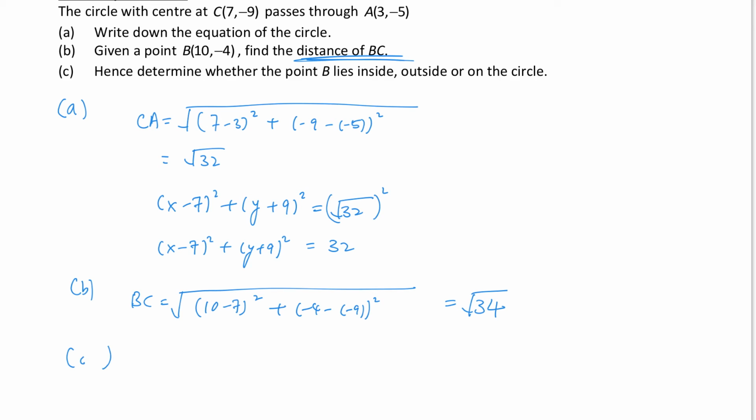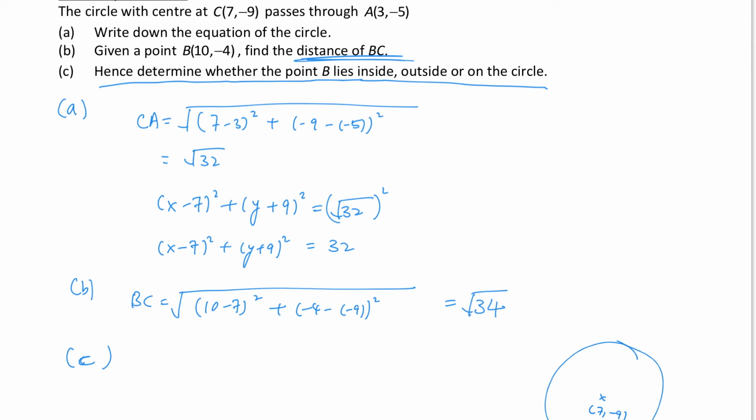Part C, interesting question. Hence, determine whether the point B lie inside, outside, or on the circle. Part A and Part B, we have some hints. Ask you to find the equation of circle and find the length of BC. What is the meaning of the length of BC? If we have a circle, I know the center is (7, −9).